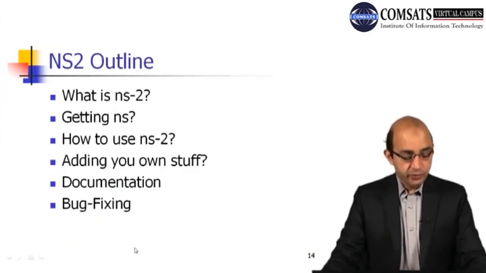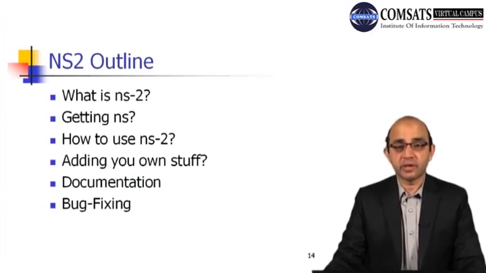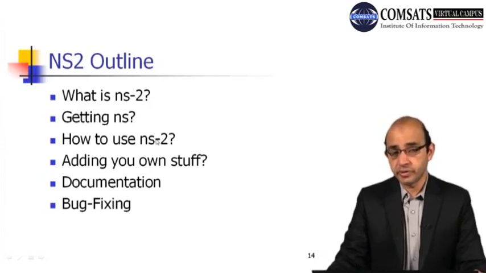Okay, so in the first part we tried to establish why we need simulation, and we tried to relate some of the characteristics and requirements to the underlying programming of simulations. Now we will be talking about the simulation tool which we are going to use, that is NS2, Network Simulator 2.